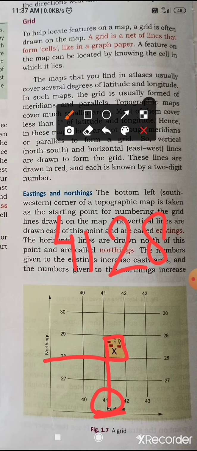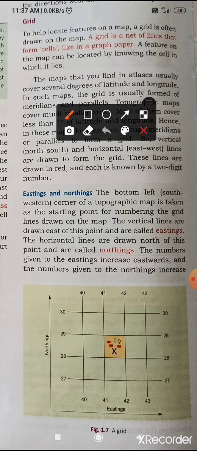Now if I ask you to find out the 4-figure grid reference of the well. The well is in blue color, I am showing it to you in this color. So you have to find out the location, or you can say the 4-figure grid reference of the well.